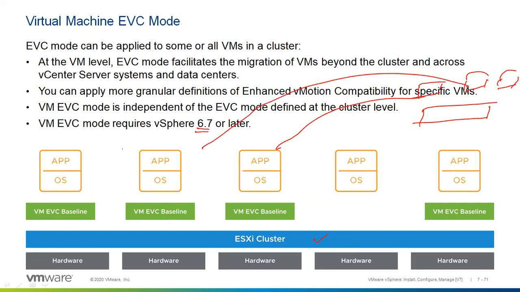In that case, maybe other CPU families are available. So for them, we enable EVC at the VM level, for the VMs which we want to move from one cluster to another cluster. Also within the same cluster, whenever we need EVC for specific VMs, not for the entire cluster, not for the entire set of VMs running in the cluster. Got it?